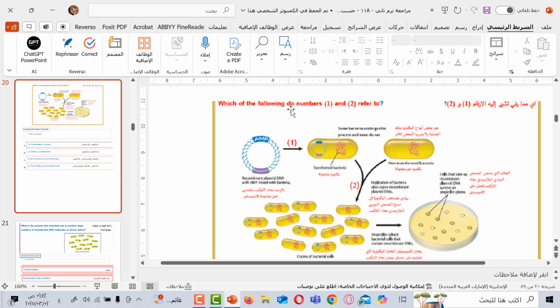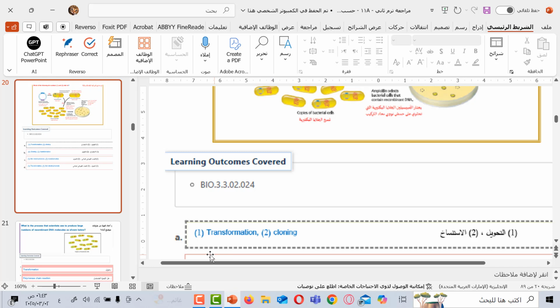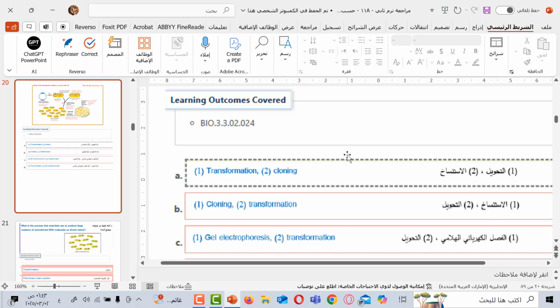Let us see what he asked about. Which of the following do number 1 and number 2 refer to? What happened? This is transformation, and this is cloning. So the answer is transformation and cloning.